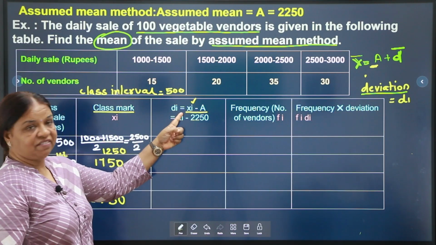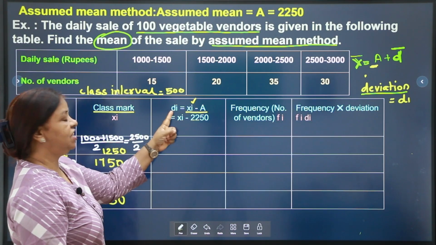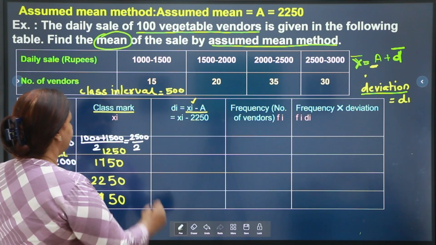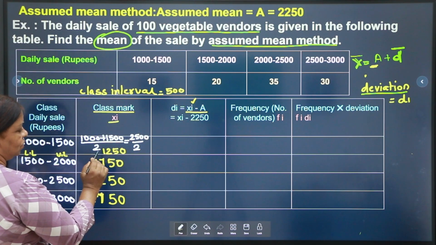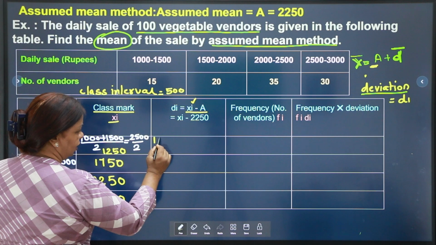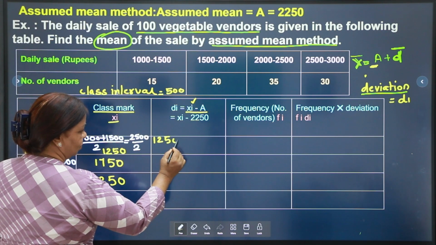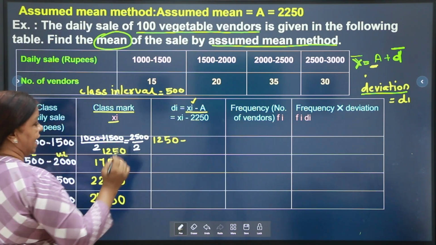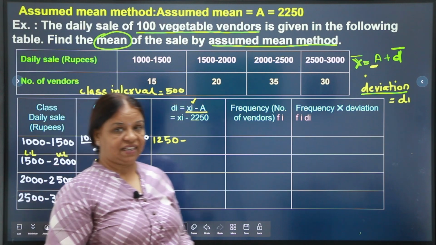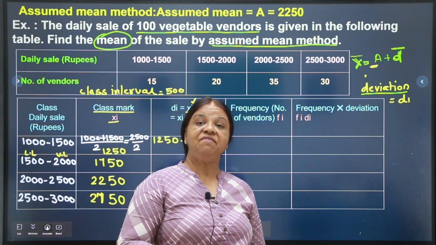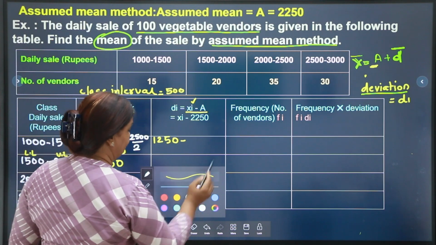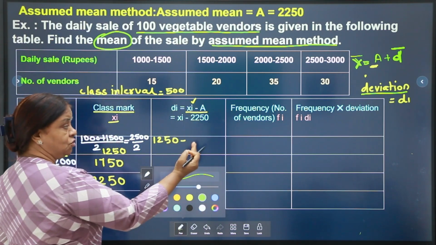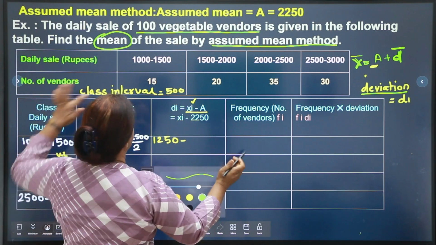Let us get the di value, the deviation value. Deviation value is xi minus a. What is xi here? 1250. 1250 minus a. We have to select the assumed mean a. Before finding the assumed mean, let me write down the frequencies.